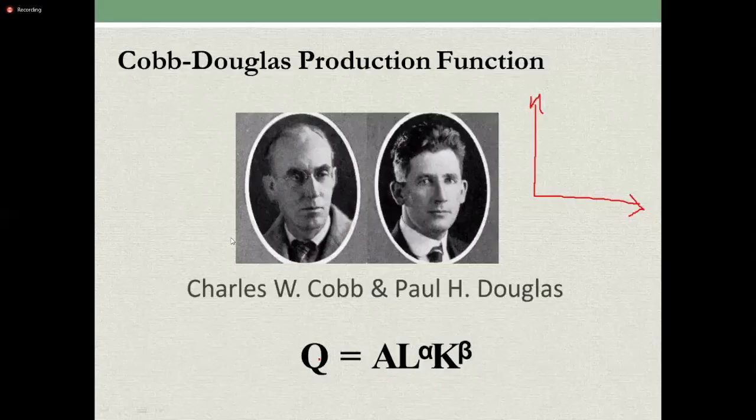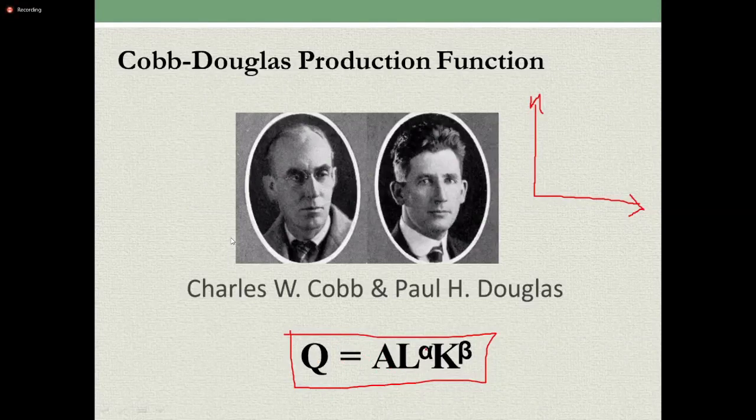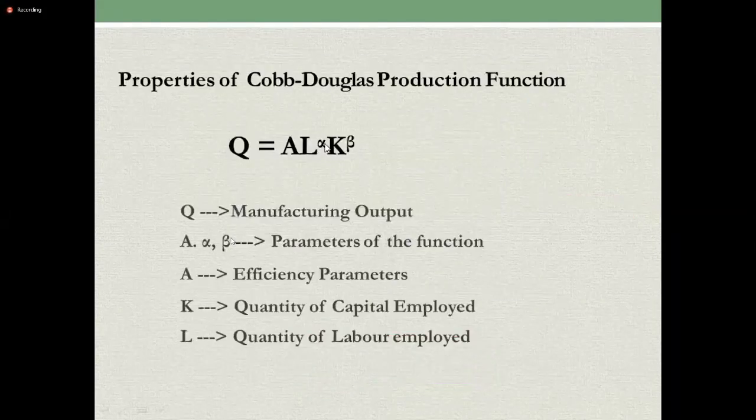See, they have put forward the equation for production as Q equals A L to the power of A, K to the power of B. Right? Here we can take it as B and C also. B means the efficiency of the labor, I'll discuss it.